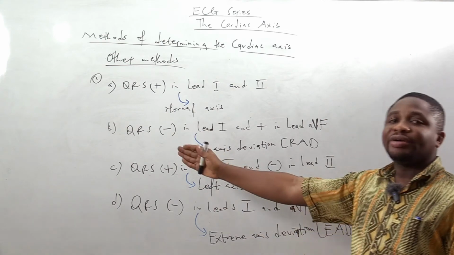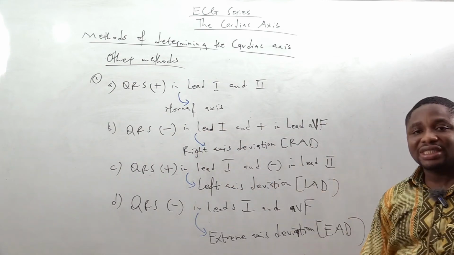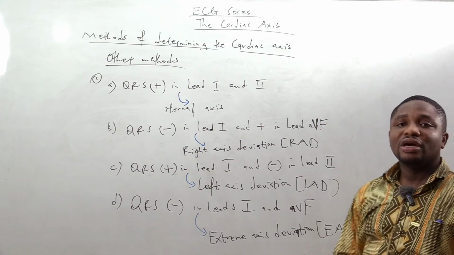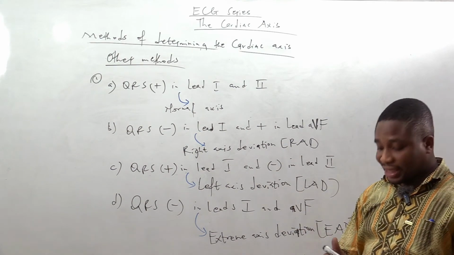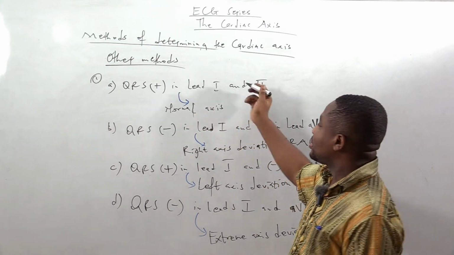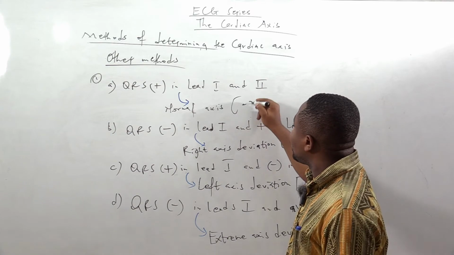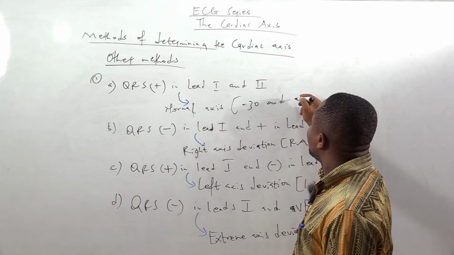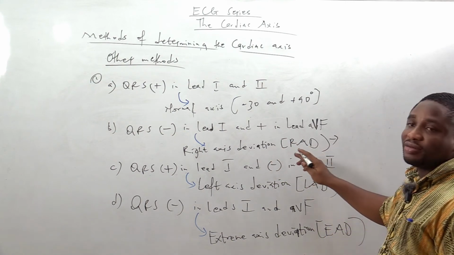If the net charge of the QRS complex is negative in lead 1 and positive in AVF, know that that is a right axis deviation. We know that the normal axis lies between minus 30 and plus 90 degrees. And we know left axis deviation.